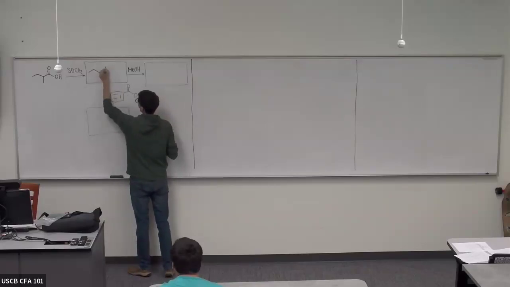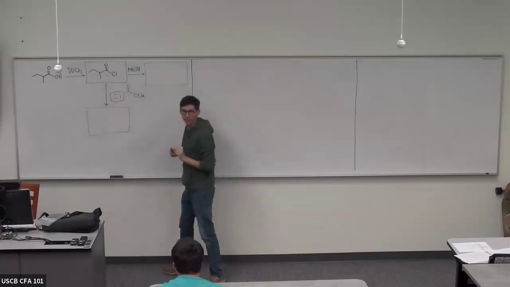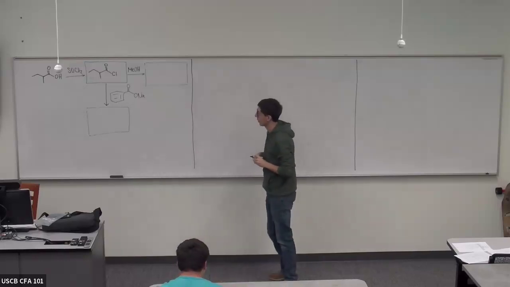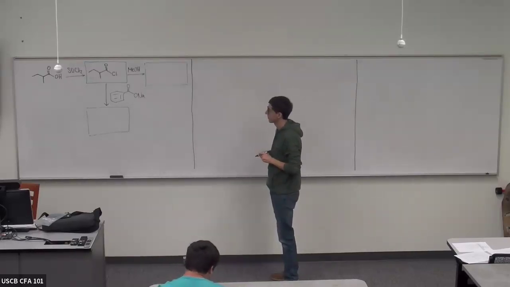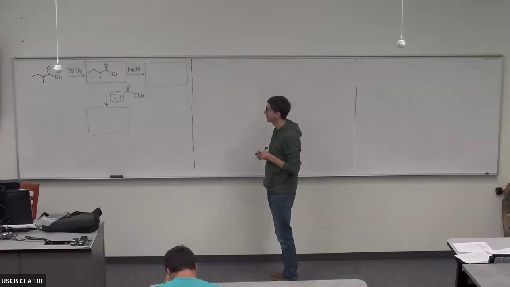And then the acid, in this case acid chloride, just has a chlorine right there instead of the OH. Yes, plus SO2 and plus HCl, right? Sure, but I'm just looking for the organic products.